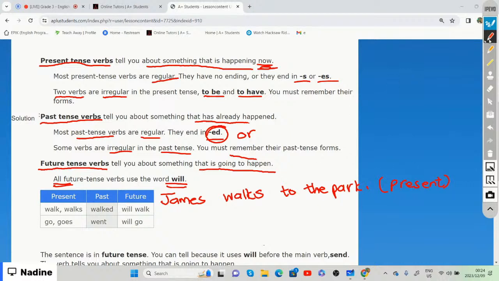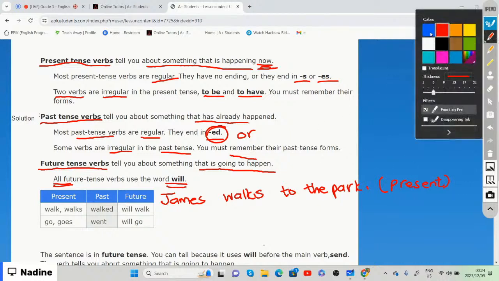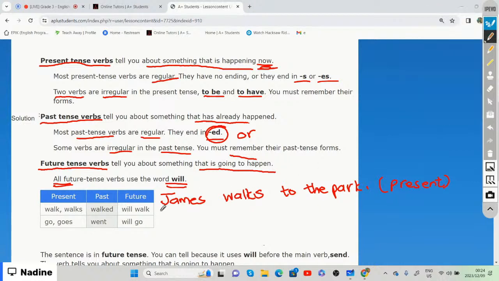And then if we want to change the sentence into the past tense, we can say James walked to the park, and there we have our ed. And this is in the past.